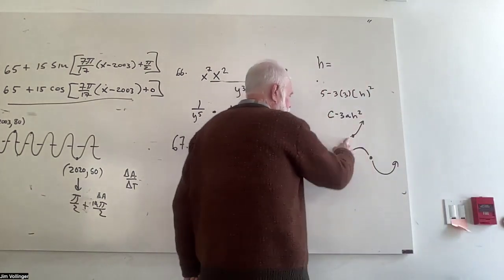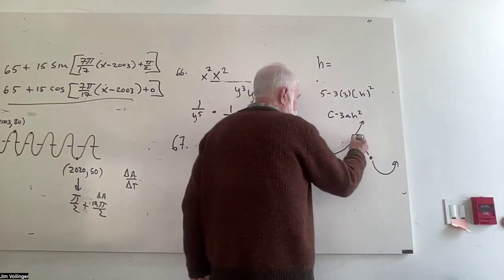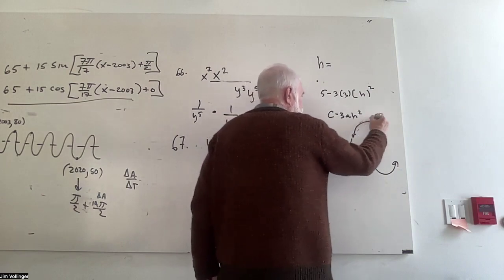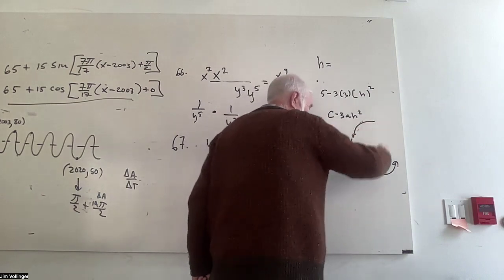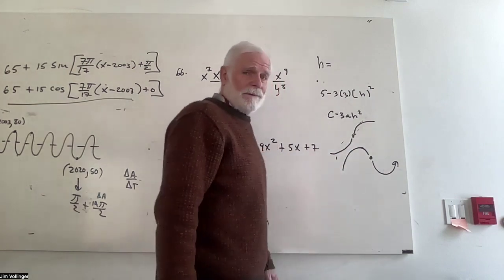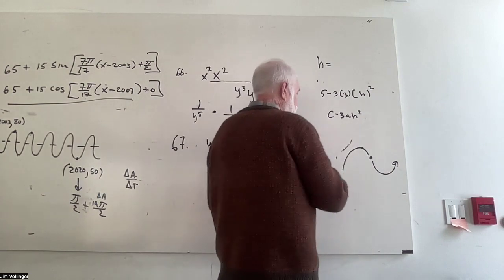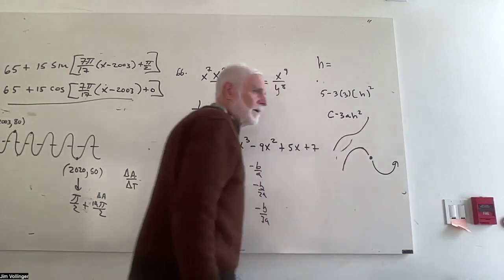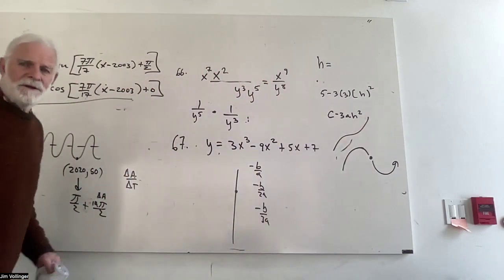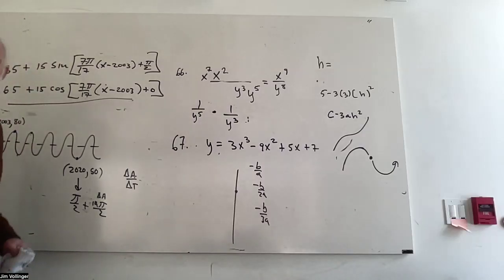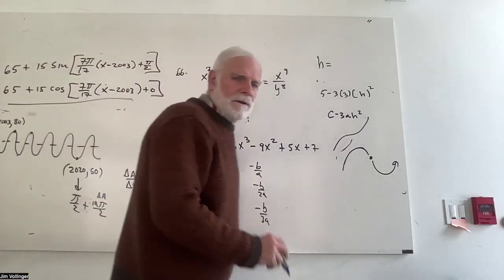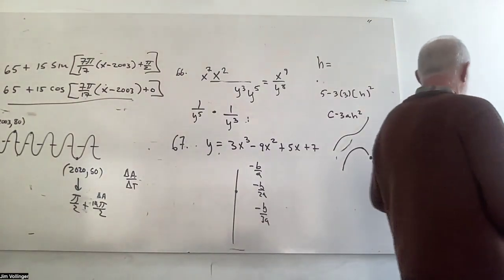I'm speeding up, then I'm slowing down, still heading north. I'm heading north, slowing down and speeding up. So I'm going to come into the picture at a certain speed. Then I'm slowing down, and then I'm speeding up. Still heading north.